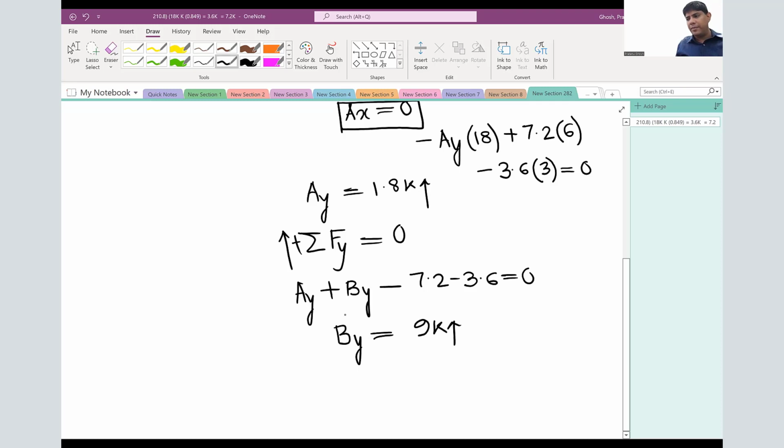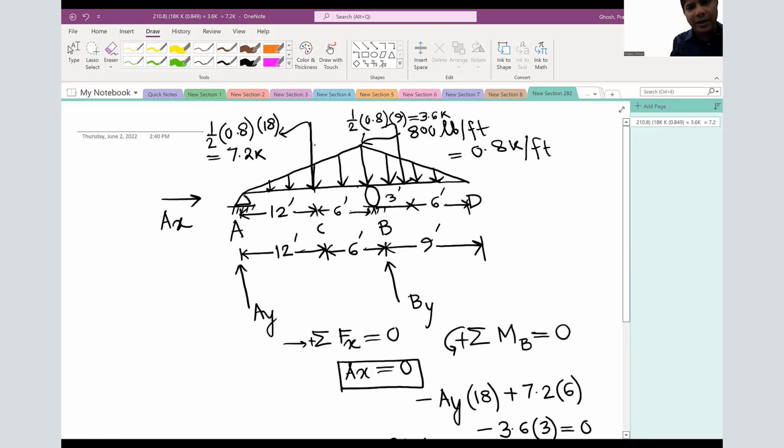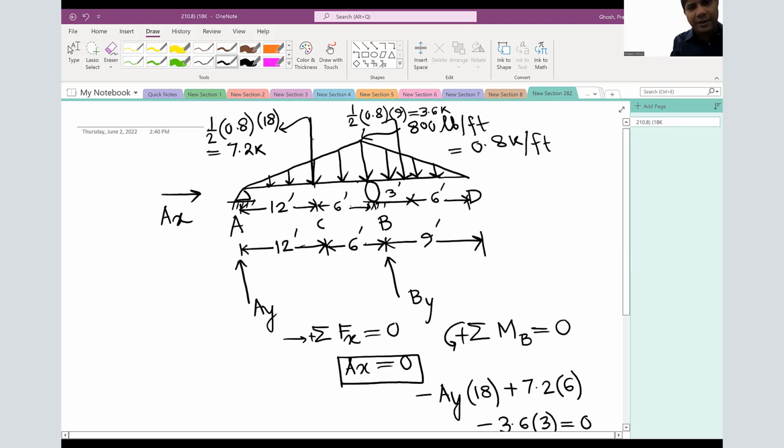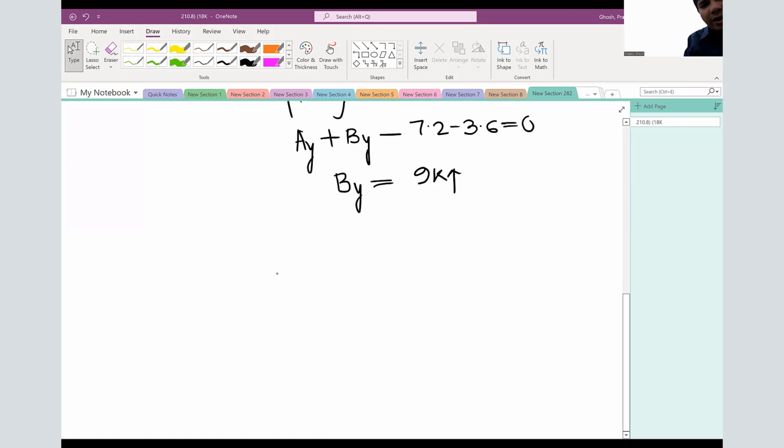Now is our time to develop the internal forces. Which point? Our point of interest is point C. So we'll cut exactly through point C and develop our internal forces. So we need to find our new height of the triangular loading exactly at point C. So let's draw the free body diagram up to point C, A to C, which is up to 12 feet.